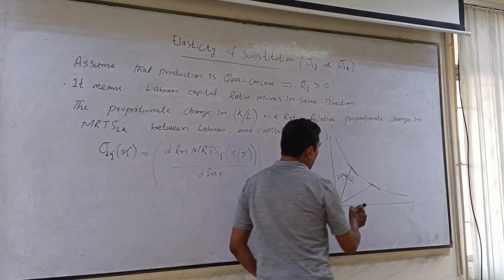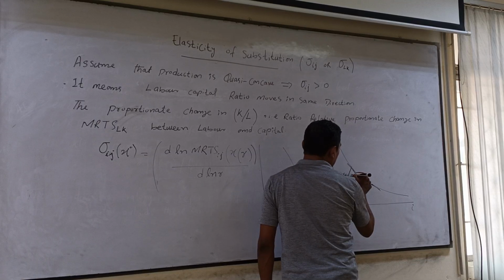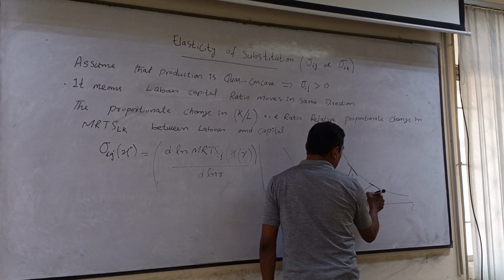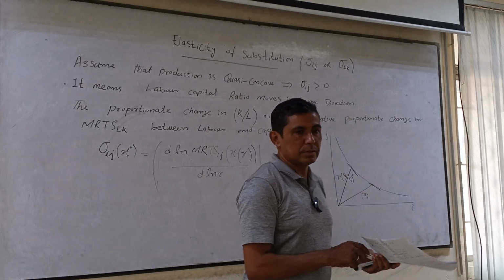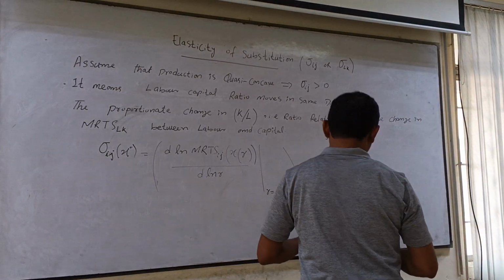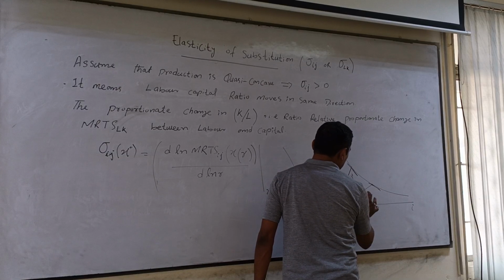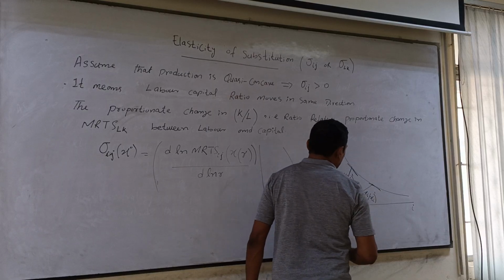Clear? So ultimately, let's say it is x1 and this is xij. Xij over xi1. Clear?